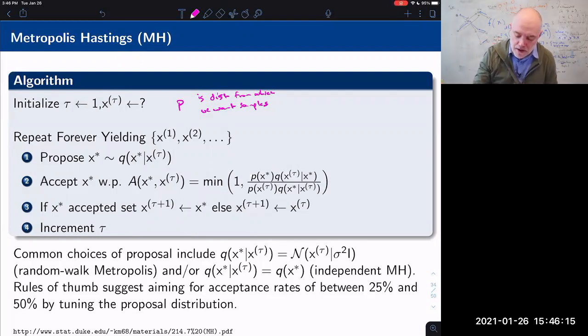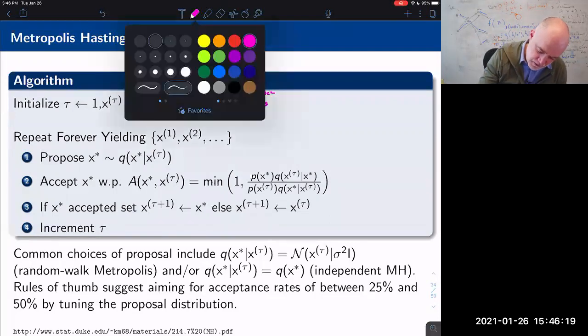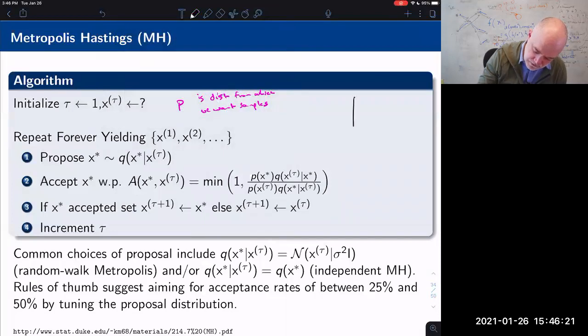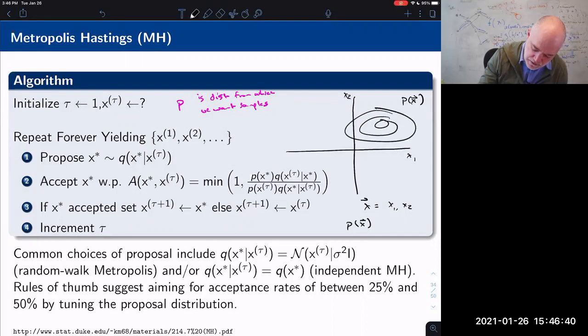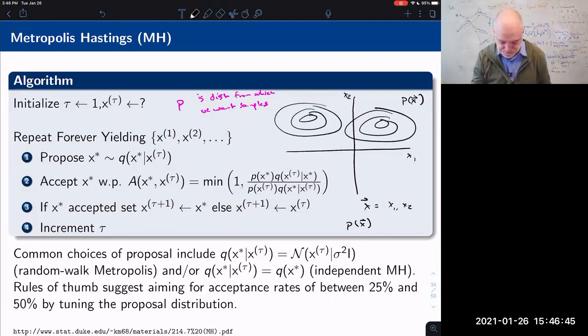Okay, so graphically, what this looks like is something like this. So if this is the space of X, so X, X1, and X2, and this is P of X, we have some density here. This will be some bimodal density.